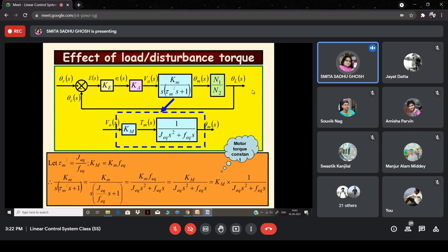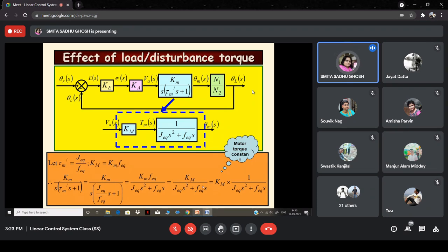Now the numerator is replaced by K suffix capital M, which is the motor torque constant, and is equal to whatever is in the numerator, meaning K small m into F equivalent, right?